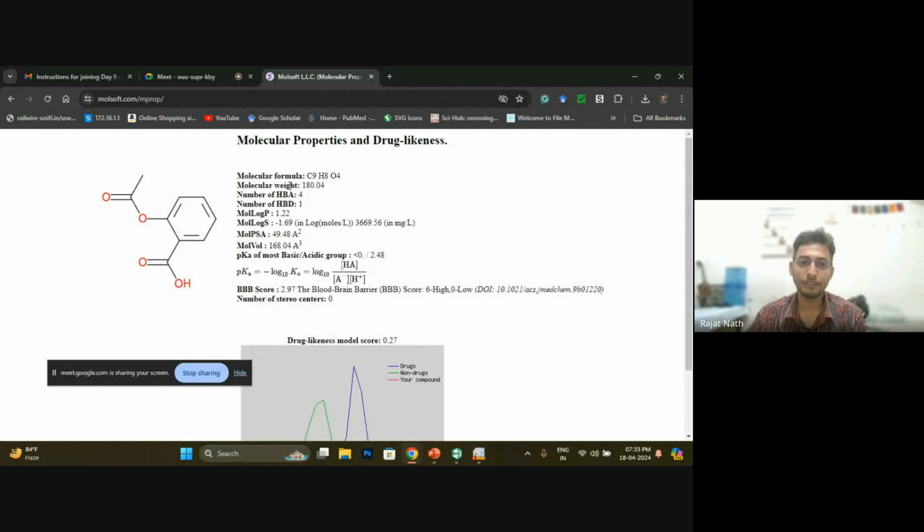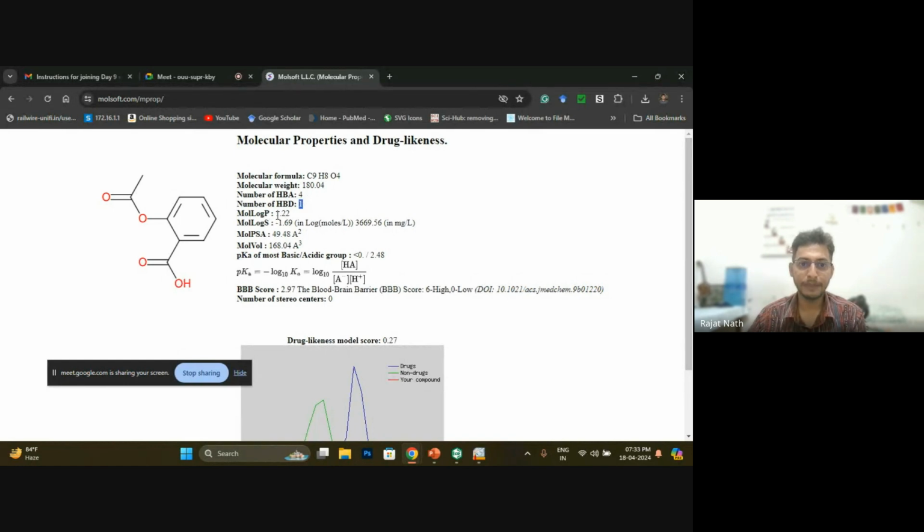Now, what are the rules? To be a good drug, the molecular weight of the ligand should be less than 500. The number of hydrogen bond acceptors, HBA, should be less than 10. The number of hydrogen bond donors should be less than 5.